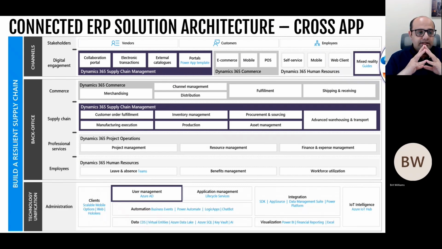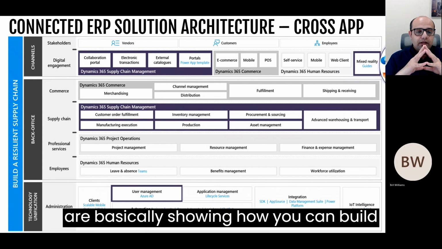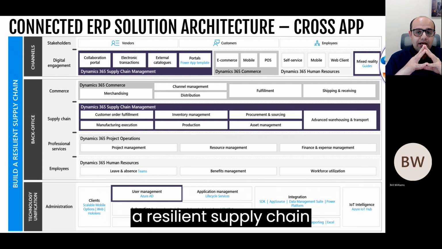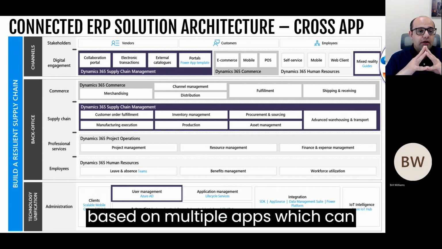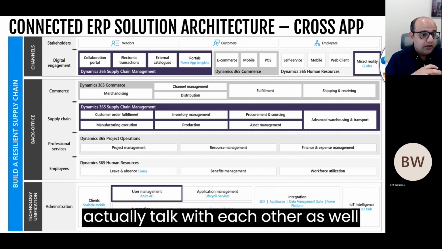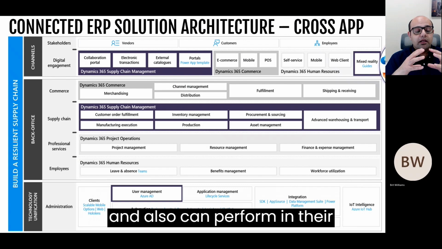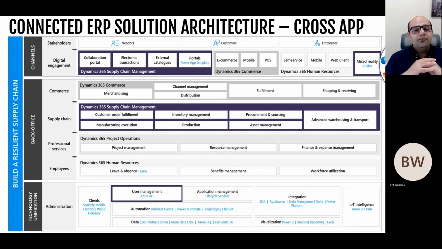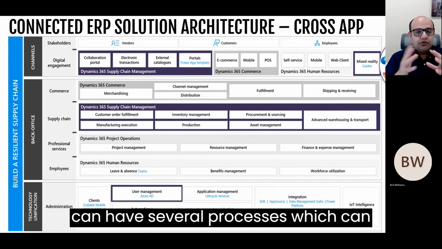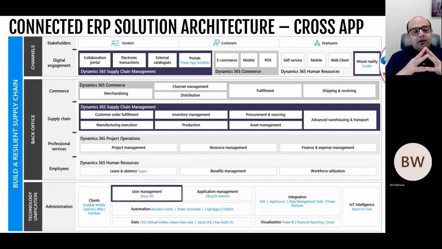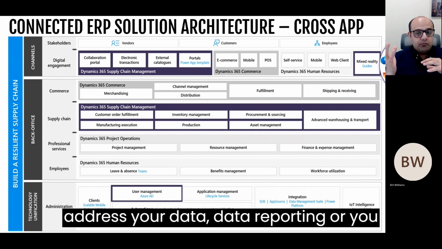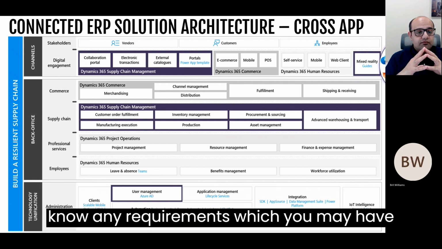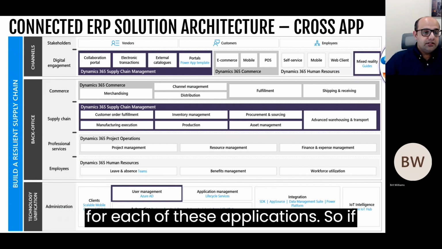In this slide, we are basically showing how you can build a resilient supply chain based on multiple apps, which can actually talk with each other as well, and also can perform in their own silos, but still can have several processes which can address your data reporting or any requirements which you may have for each of these applications.